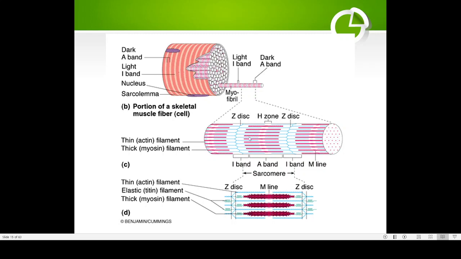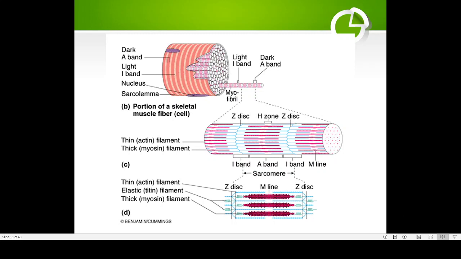And we are seeing that there is a region between two Z discs. The region between this Z disc and this Z disc is known by the name sarcomere. The significance of the sarcomere is that it is the fundamental unit of muscle contraction, or the basic unit of muscle contraction.